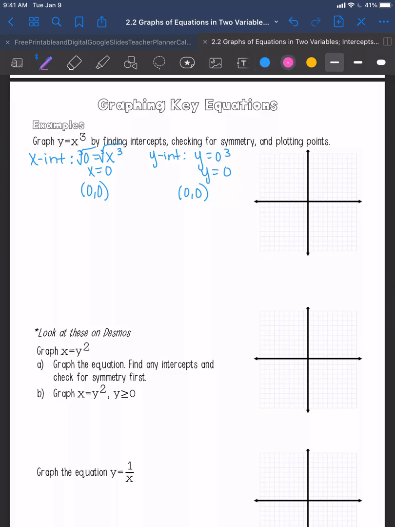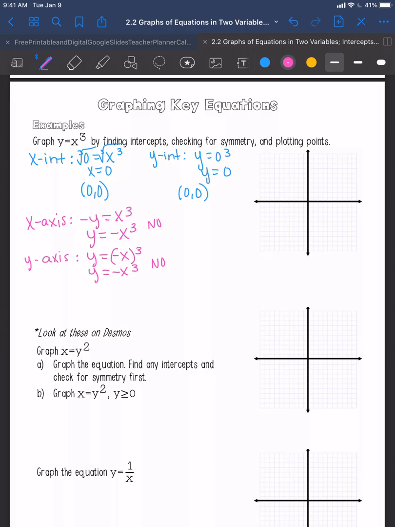Symmetry-wise here, with respect to the x-axis, negative y equals x cubed, so y equals negative x cubed. That is not the same as the original, so there's no symmetry with respect to the x-axis. With respect to the y-axis, we're going to do y equals negative x cubed. A negative to an odd power stays negative, so y equals negative x cubed, not the same as the original.